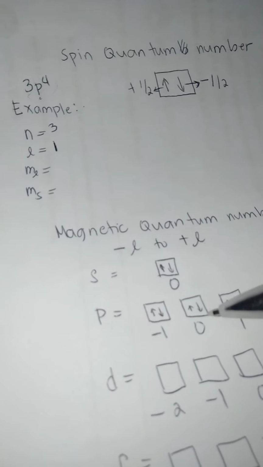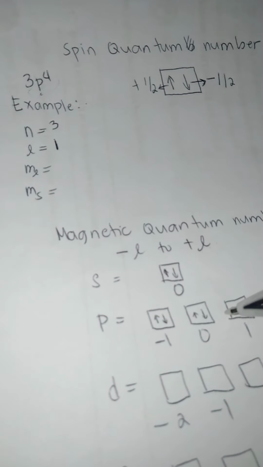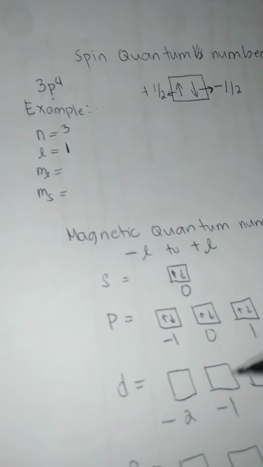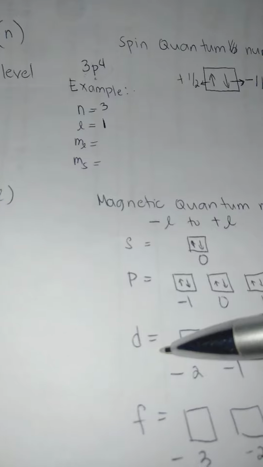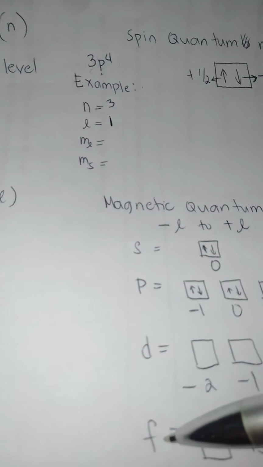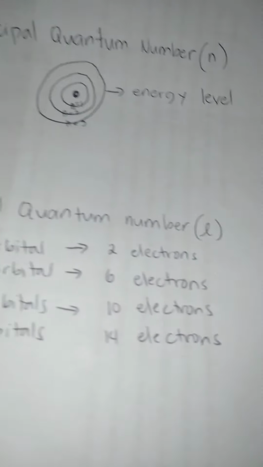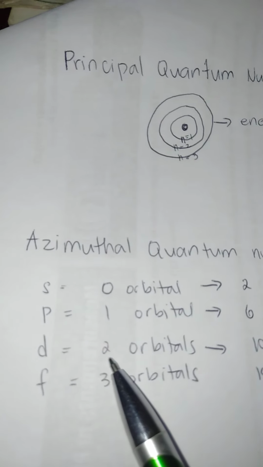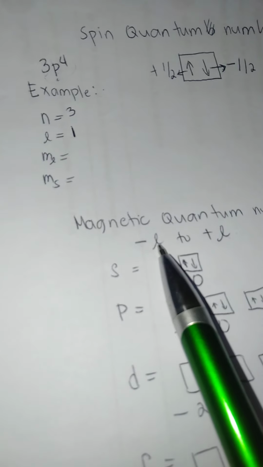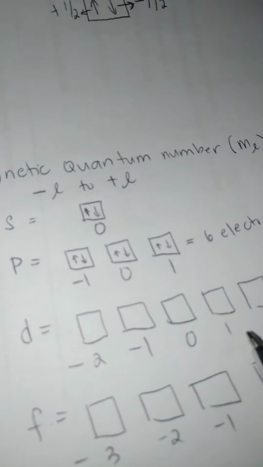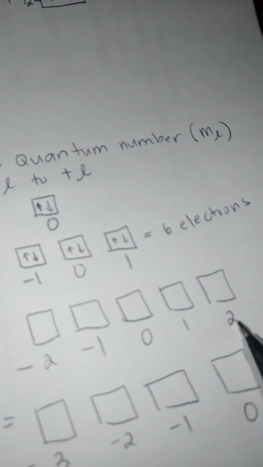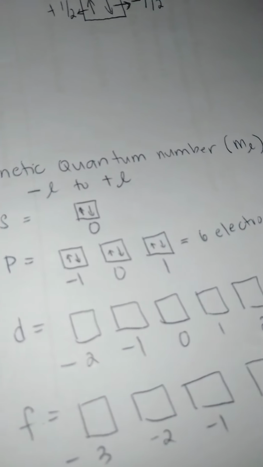The same method that you used in the p orbital will be applied to the rest of the orbitals, the letter D and letter F. In letter D we have 5 orbitals, and it will start from negative L to positive L. So we have negative 2, negative 1, 0, positive 1, positive 2.